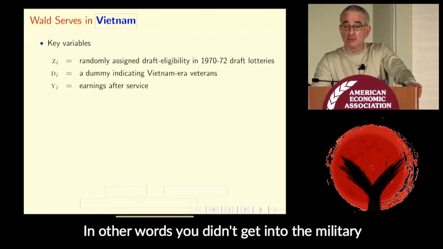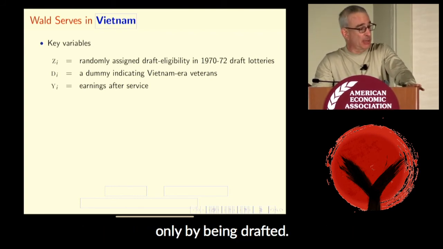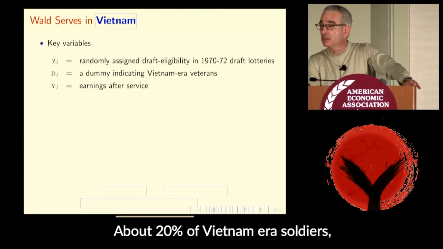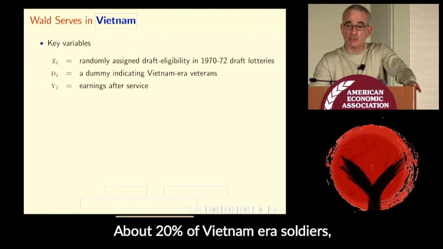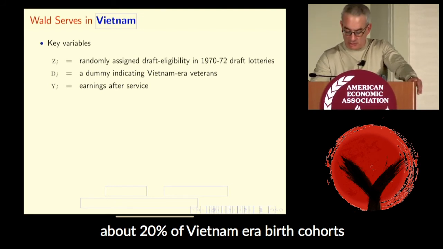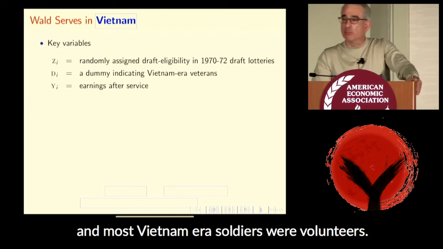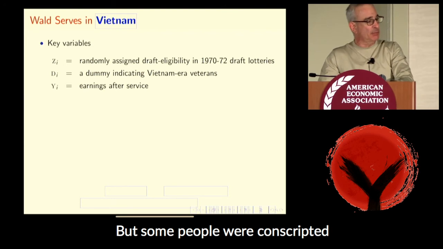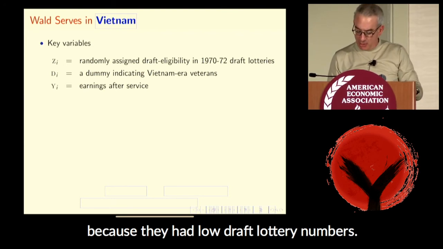In other words, you didn't get into the military only by being drafted. Many people volunteered. About 20% of Vietnam-era birth cohorts volunteered for service, and most Vietnam-era soldiers were volunteers. But some people were conscripted because they had low draft lottery numbers.